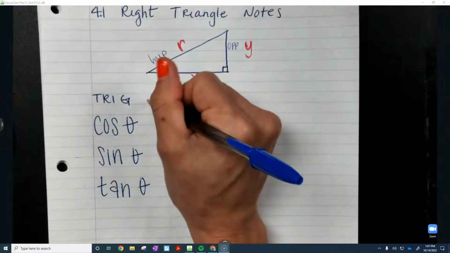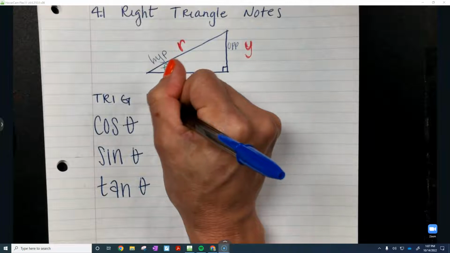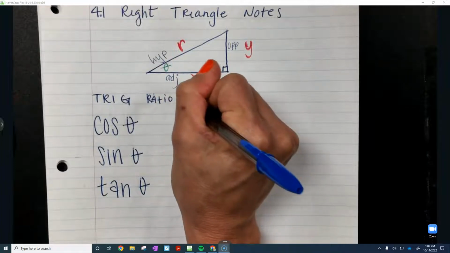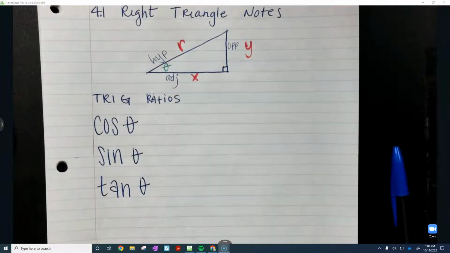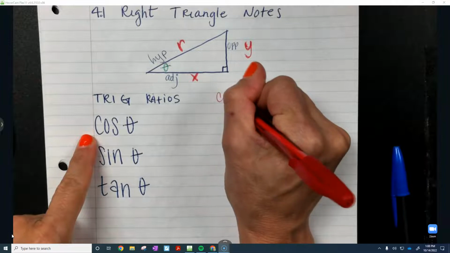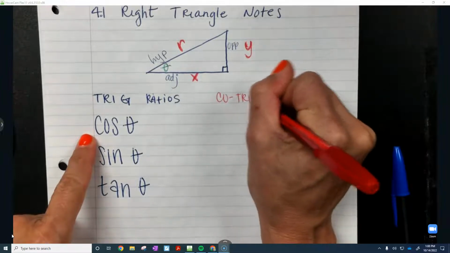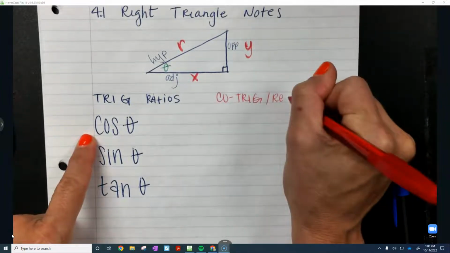Those are called the trig ratios that you learned. What you have not learned is their reciprocals. Sometimes they're called co-trig ratios. Just remember they are reciprocals.